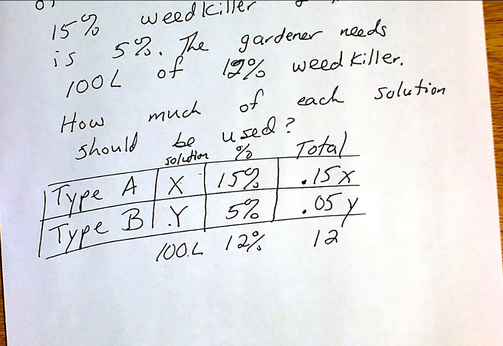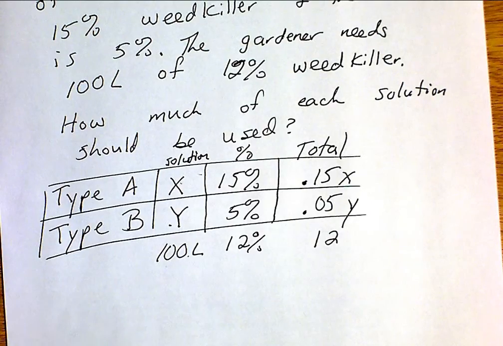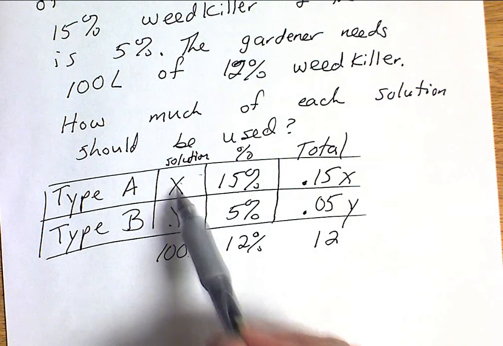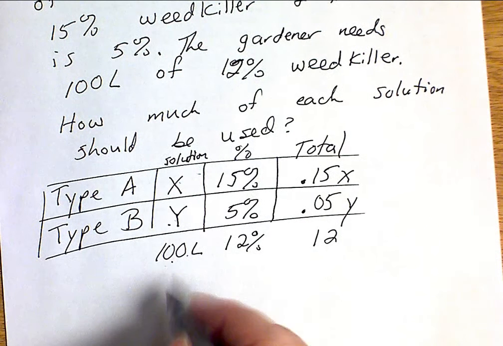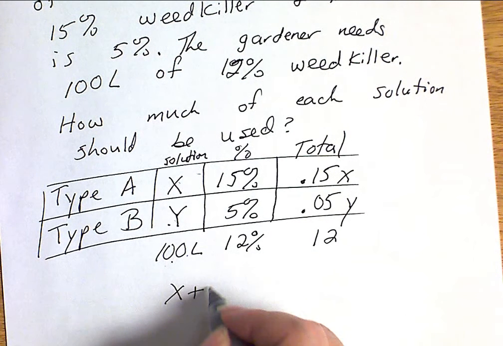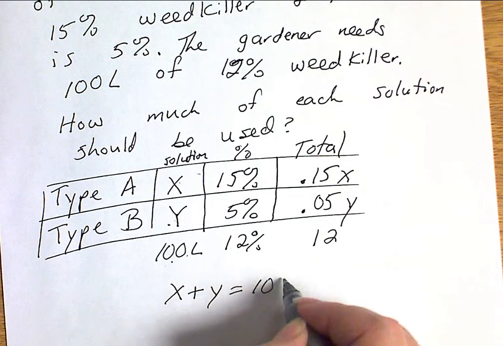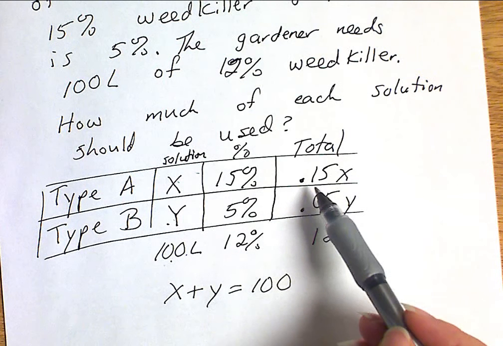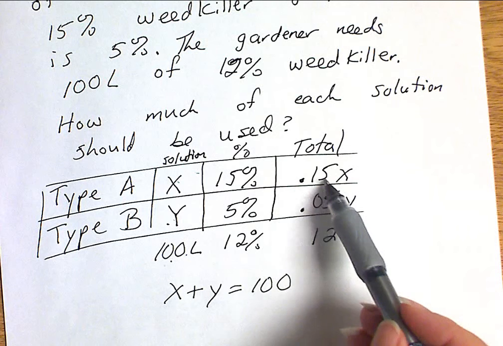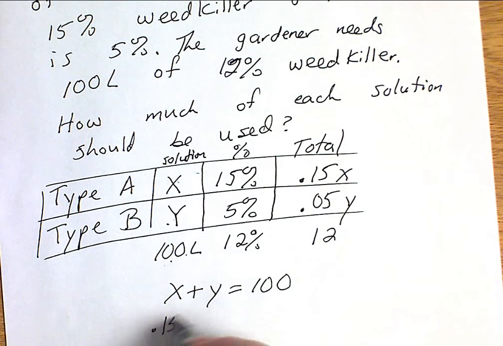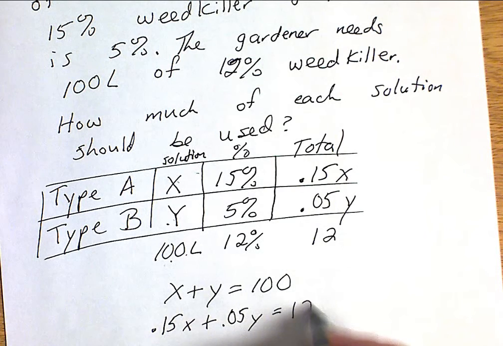When you use this graphic organizer and you set it up correctly, Tony, hopefully you can see two equations right there. The first equation says that X plus Y is 100. The next equation is your 0.15X plus 0.05Y is equal to 12.